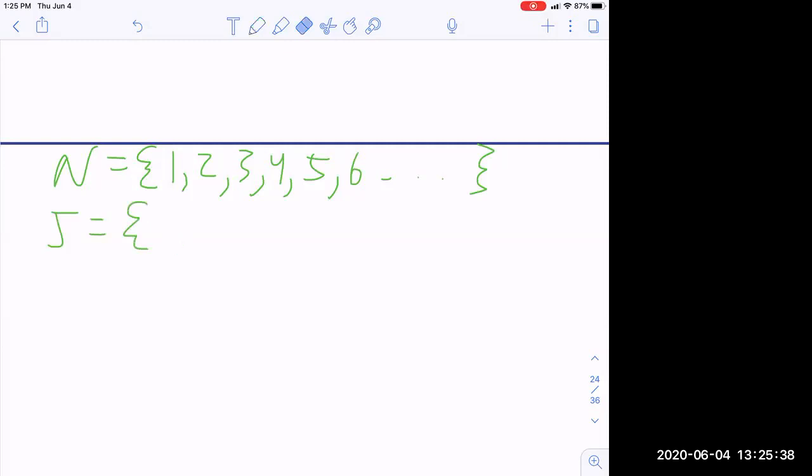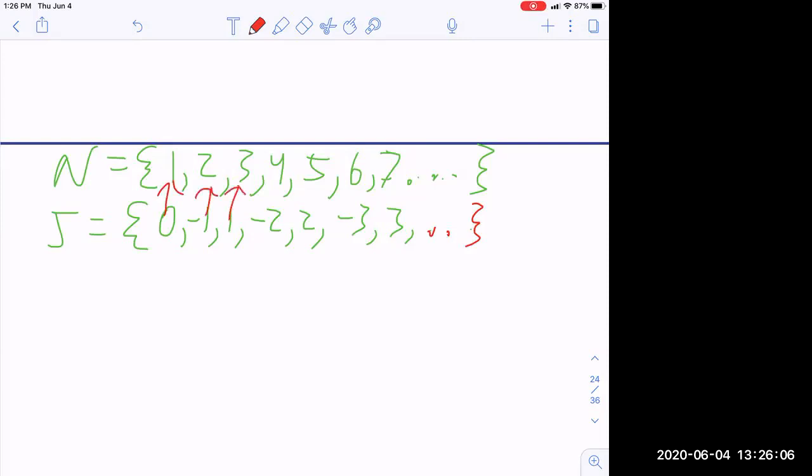Got to set that up differently. Give me one more here. Okay, look what I did by rearranging these. I rearranged the integers. Remember, they're infinite. So now I can line up an integer with a natural number.